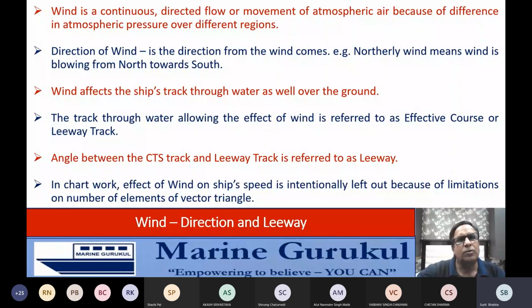So that is if they coexist. However, if you talk of a hypothetical situation where there is only wind and no current, then yes, the effect of wind on the speed of the ship in chart work is intentionally left out. But again, I would say in practical considerations, it may not be a serious omission.